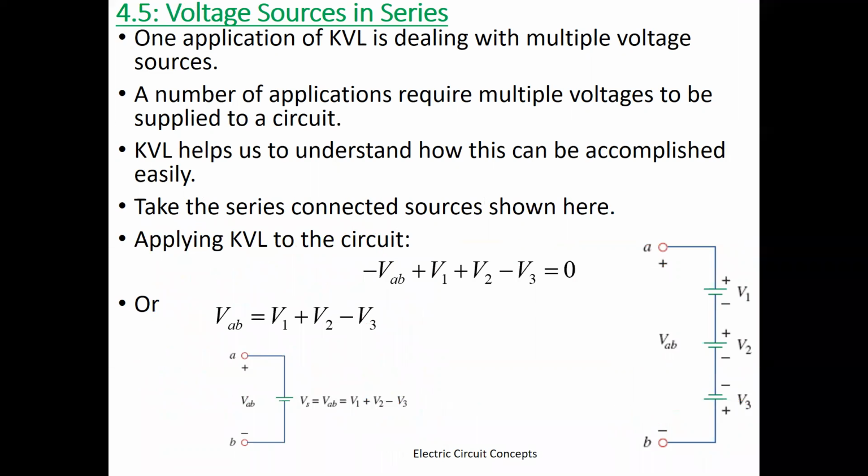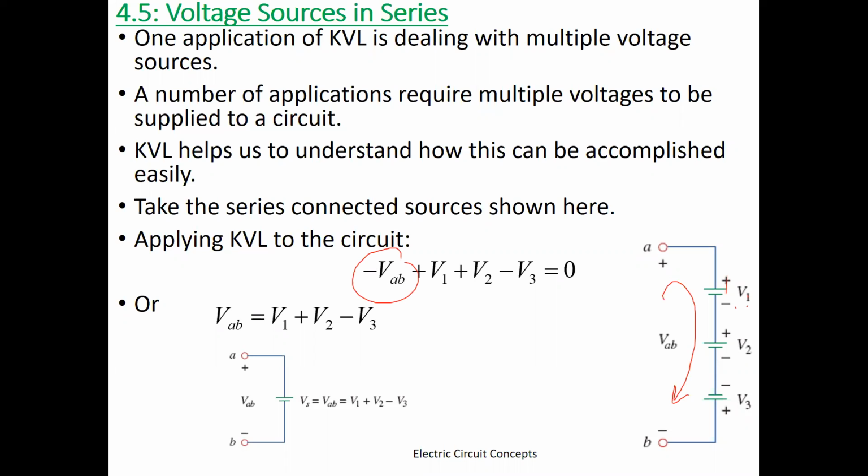Voltage sources in series. Sometimes we are given more than one voltage source in series. If we need to find the voltage between A and B and we apply KVL here, since we are hitting the minus sign, it will be minus VAB, and then plus V1. This is similar to as if we have resistors here.